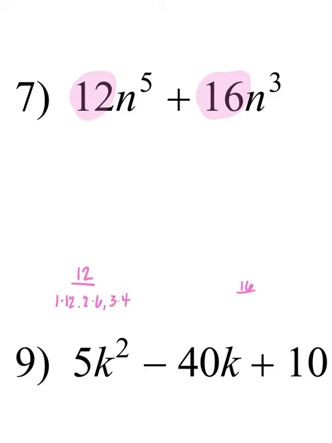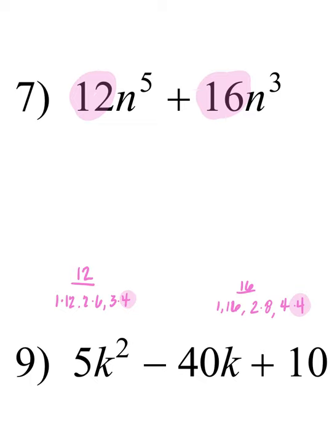And my factors of 16: 1 and 16, 2 and 8, and 4 and 4. So the highest number I can take out is a 4. They both have 2's, but the highest number I can take out is 4.